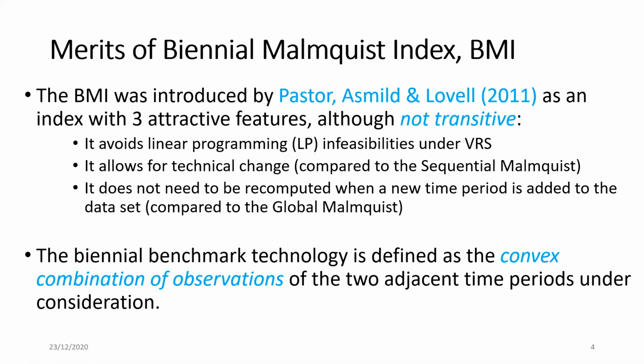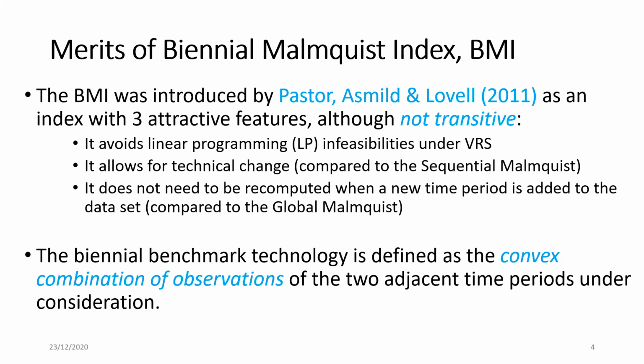So let's say you have a sample of 15 years, 2000 to 2009, and the moment you enter 2010, you collect the 2010 data and add it to your data set, and then you recalculate the Malmquist index for each observation or each DMU. The results will change. Of course, the results will change.